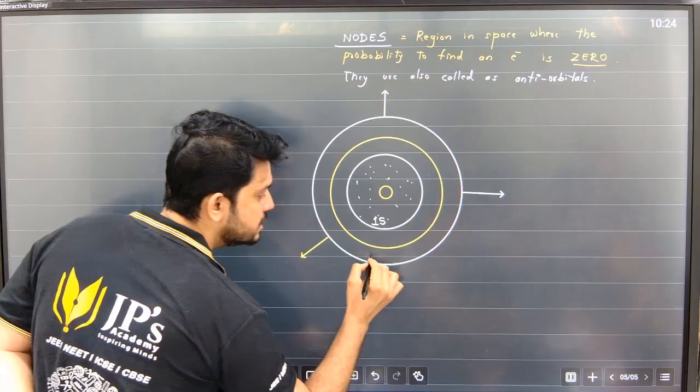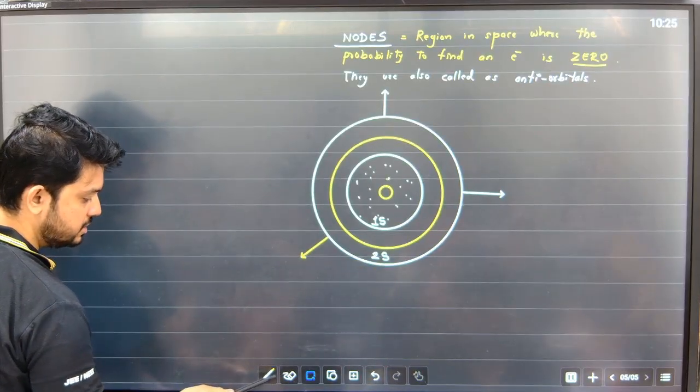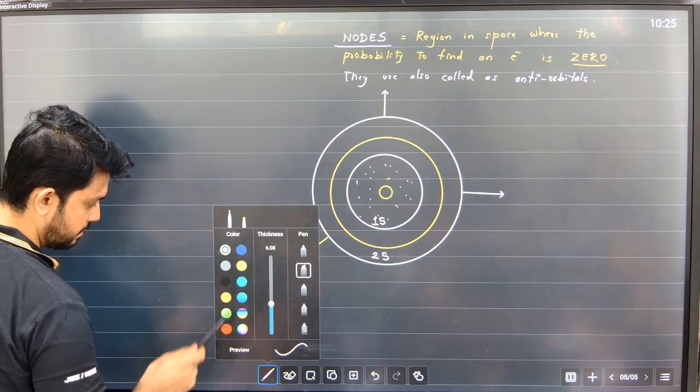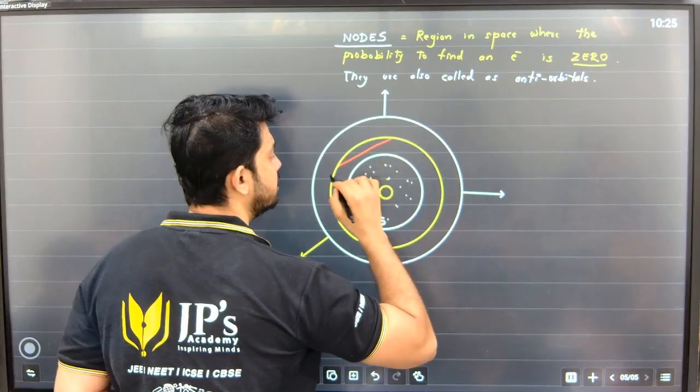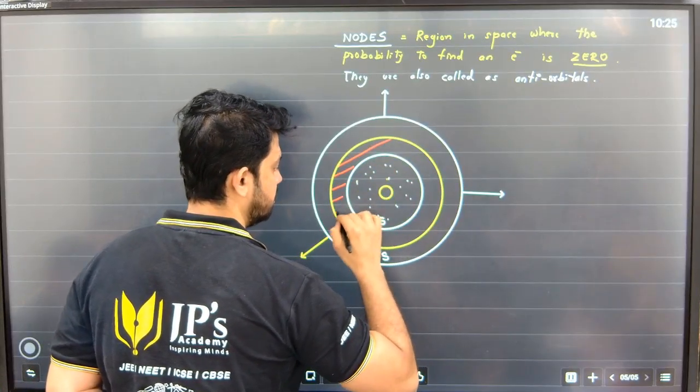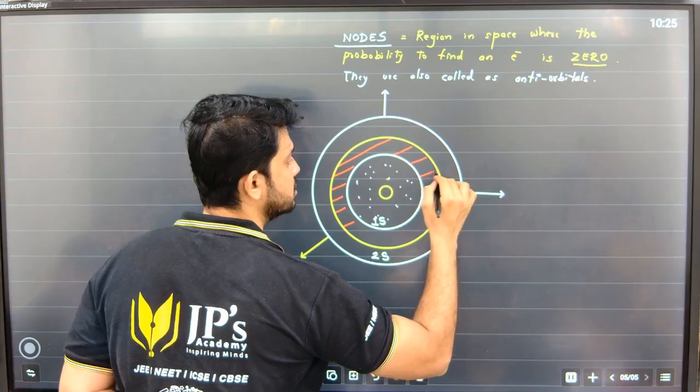Between 1s and this is 2s, what was observed is there is a region in space. ये जो region है, ये region में there are no electrons.